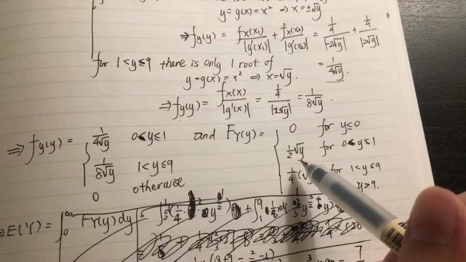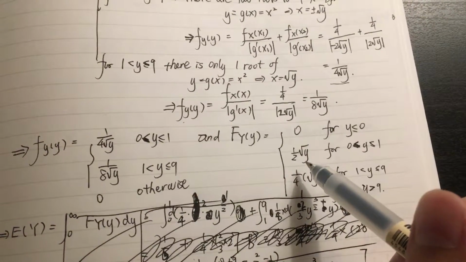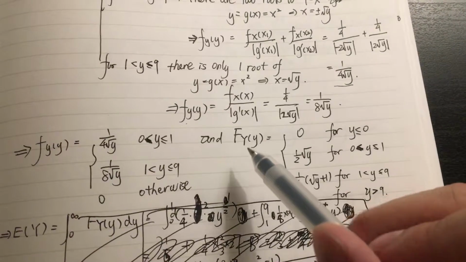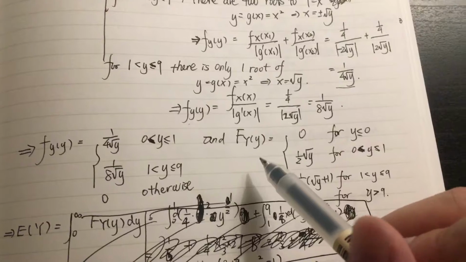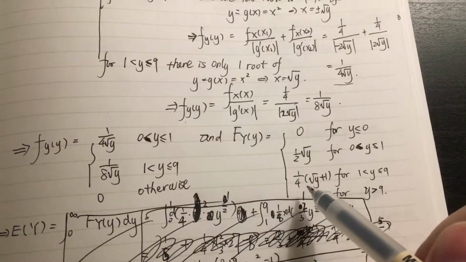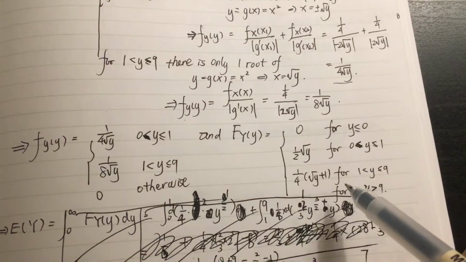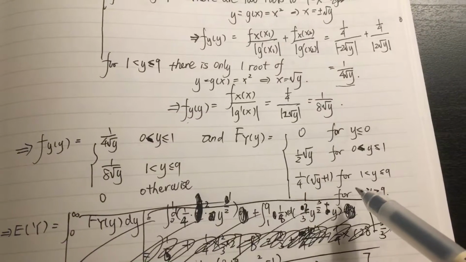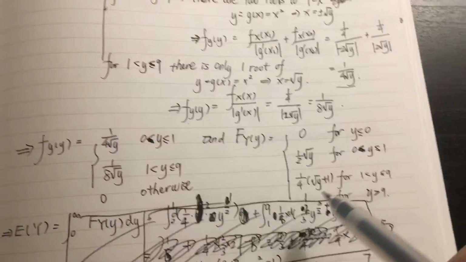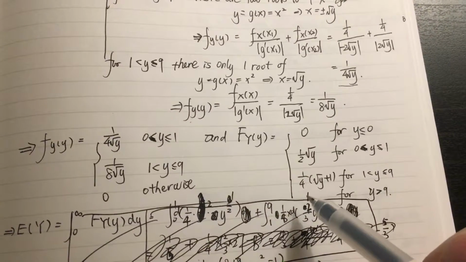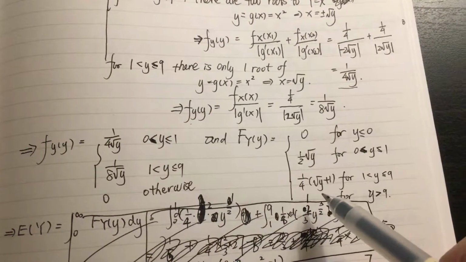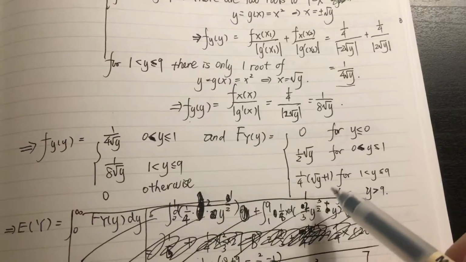This value can be directly obtained by taking the integral of lowercase f of y. And similarly, we can also get the value for y between 1 and 9. This value should be 1/4 times the sum of square root of y plus 1.